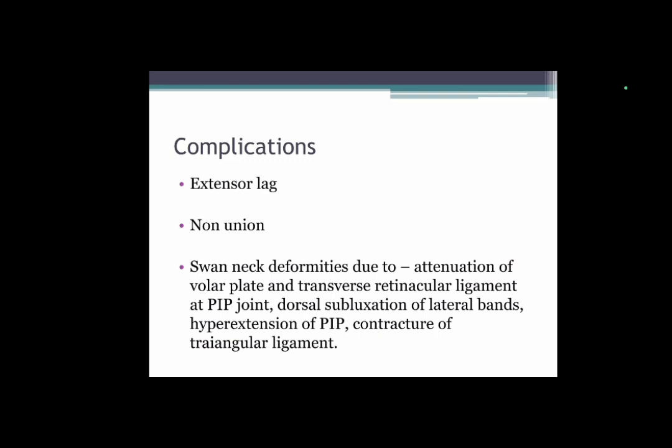Chronic pain, swelling, and reduced grip strength can also occur. In long standing cases, a swan neck deformity may develop due to imbalance of the finger extension mechanism. Degenerative changes in the distal interphalangeal joint and skin problems from prolonged splint use are other possible complications.